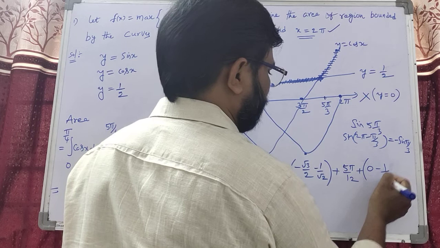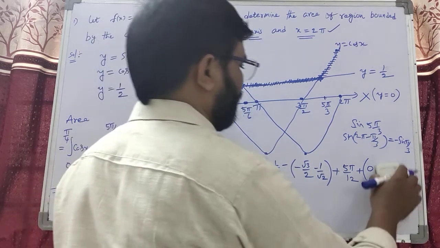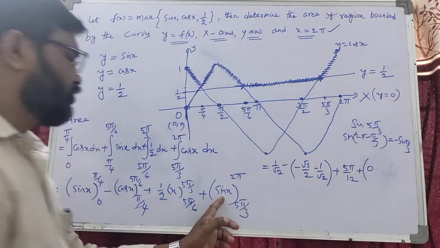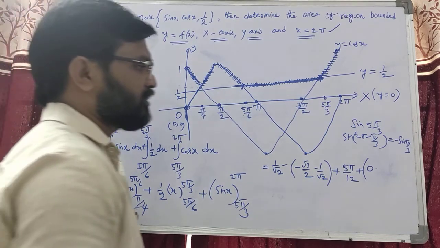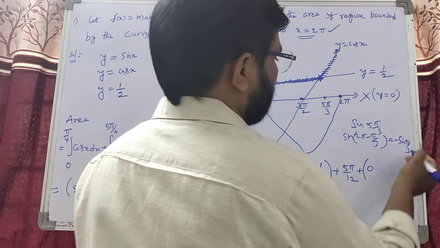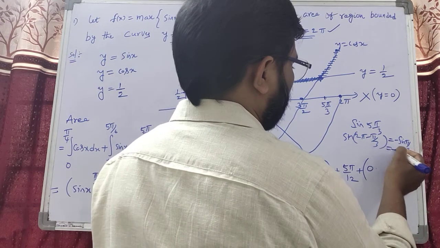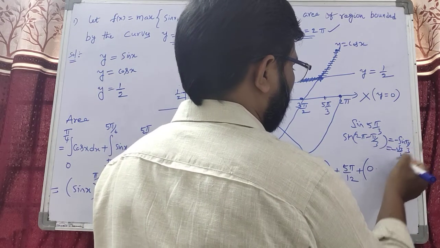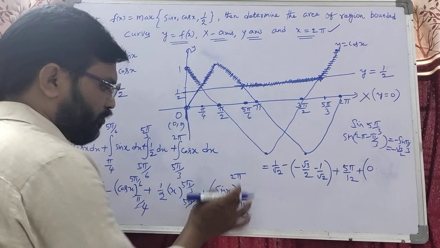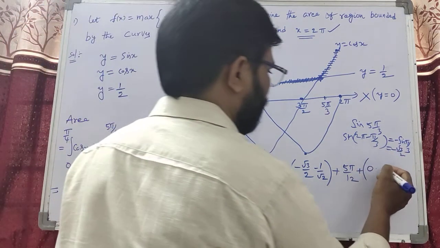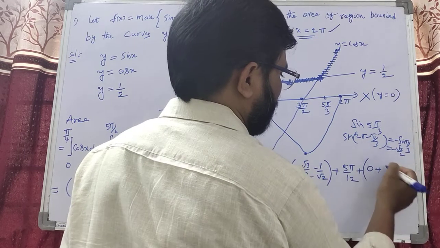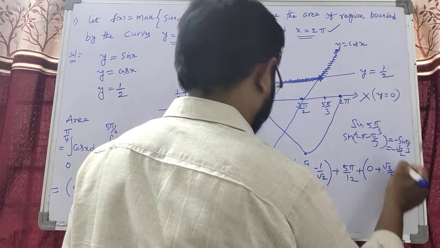Here we get the first, sine 2 pi, 0. Sine of pi by 3, sine 60, is root 3 by 2 with a minus. When you take the lower limit, minus of minus becomes plus, and sine 60 degrees is root 3 by 2.